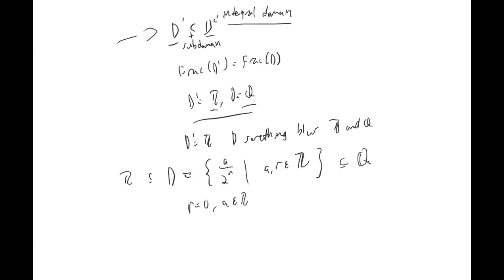And you could check it's certainly commutative, and it's a ring because a1 over 2 to the r1 times a2 over 2 to the r2 is just a1 a2 over 2 to the r1 plus r2. The top part is still in Z because a1 and a2 are in Z, and the bottom is still some power of 2, right?